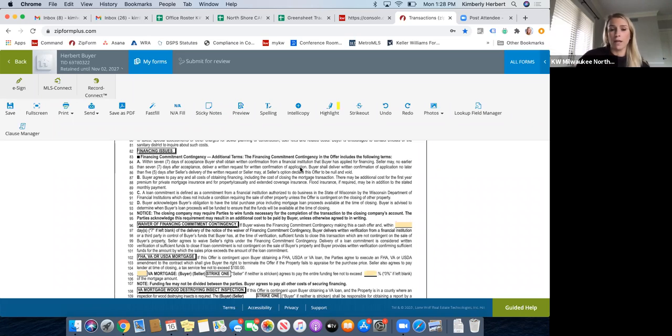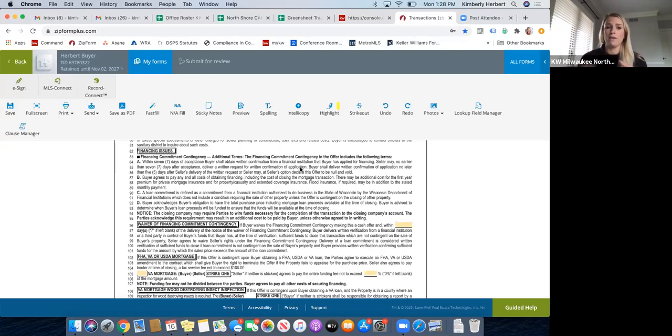And the buyer would be obligated to provide written proof from their lender that, yep, this buyer has applied for financing. Some listing agents are very diligent about asking for this. Some buyer's agents have just made it a practice, even if they haven't had the request from the seller, they still send that letter from the buyer's lender. Hey, just want to send you acknowledgement that the buyer has applied for financing.